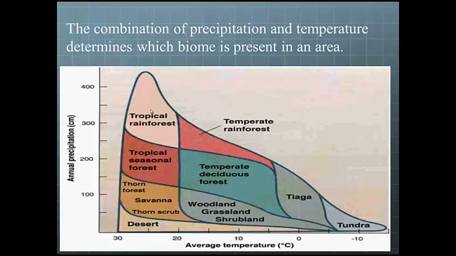So more comfortable conditions biologically, plenty of water, and decent temperature leads to a situation where you can have a greater diversity of organisms. There's greater diversity of biomes.